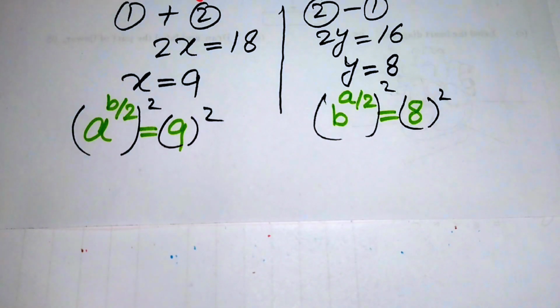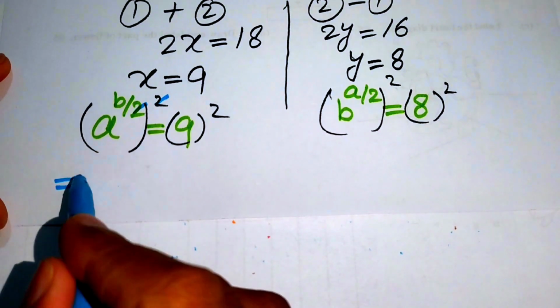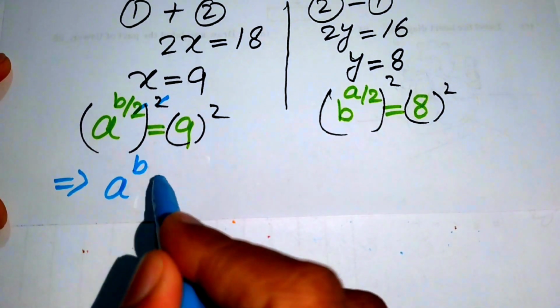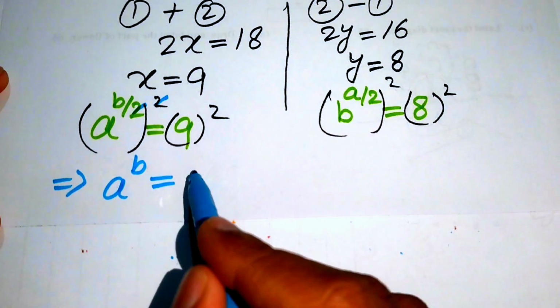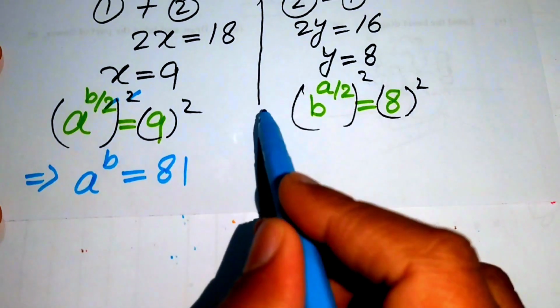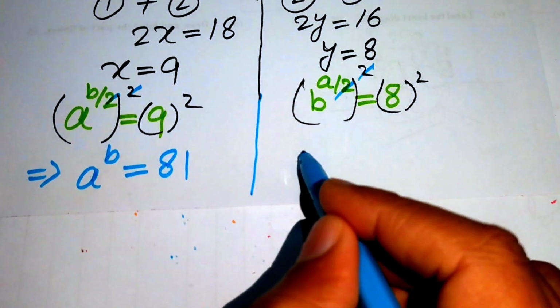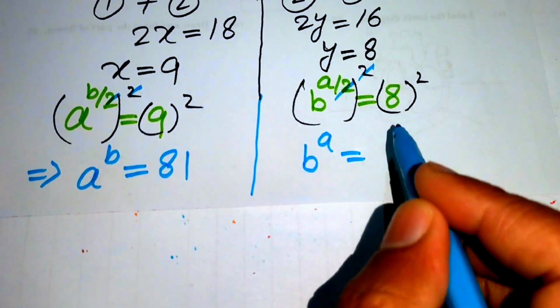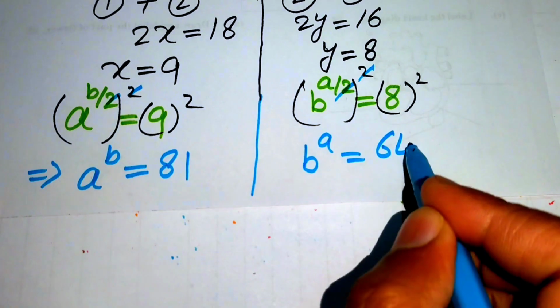After taking the square, the 2 and 2 cancel each other and we get a to the power of b equals the square of 9, which is 81, and b to the power of a equals the square of 8, which is 64.